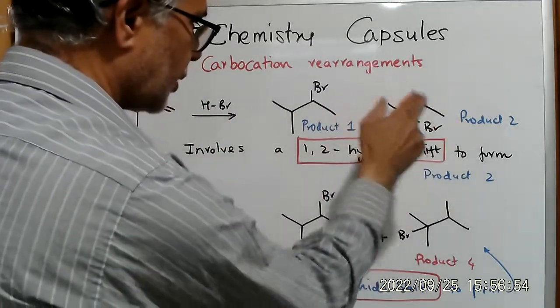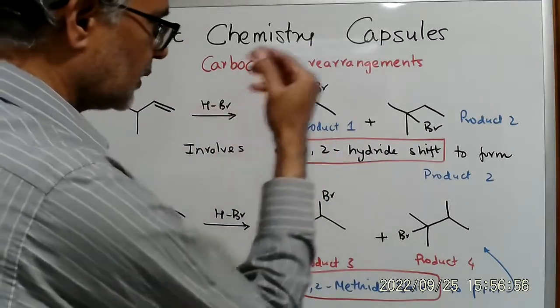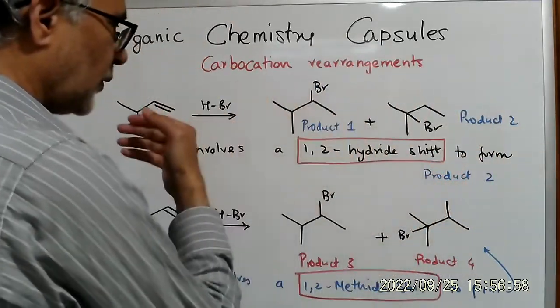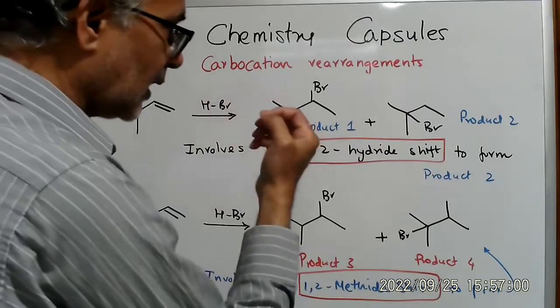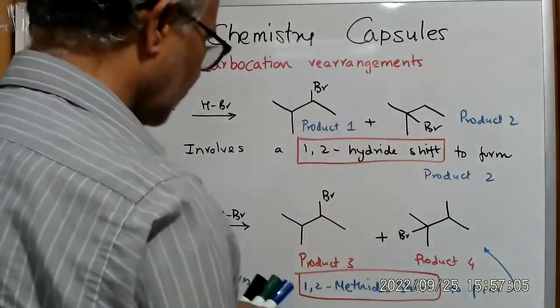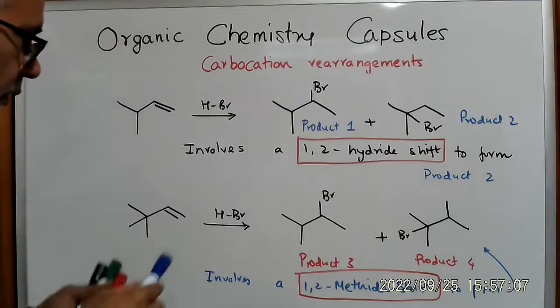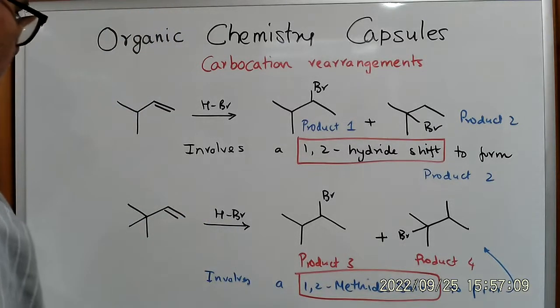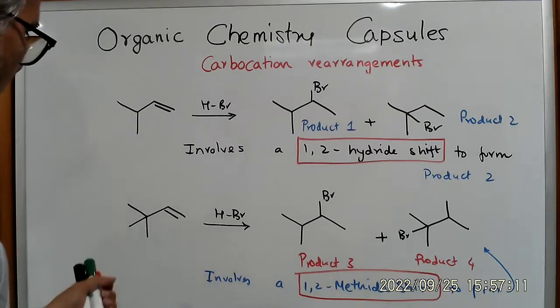Product 2 is the unexpected product, and when you see an unexpected product, you propose a mechanism to explain why and how that forms. We've seen that in the previous video. In this video, we're looking at a very similar compound.